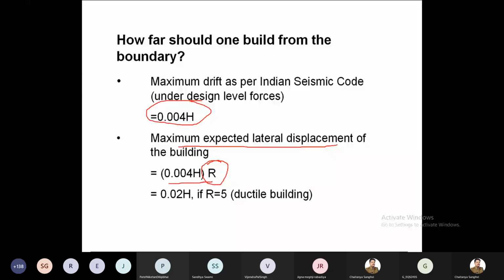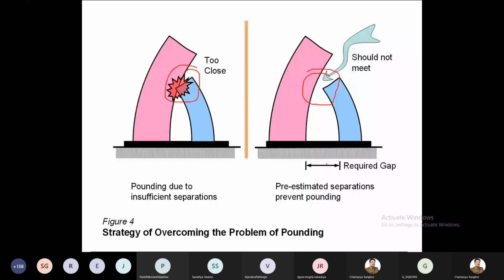So this is the deformation allowed, the lateral displacement, right? So we have to design this gap on the basis of this, and we have to design it in such a way that they should not collide like this, but sufficient gap is available, right? This gap we have to design, so they should not collide with each other.